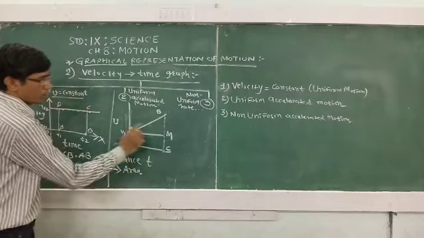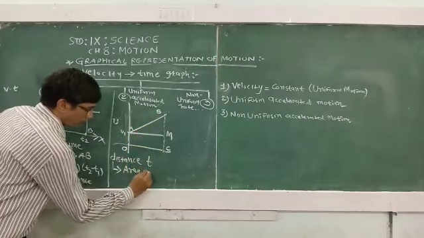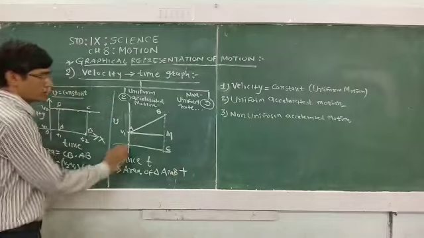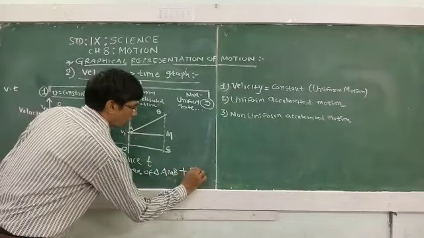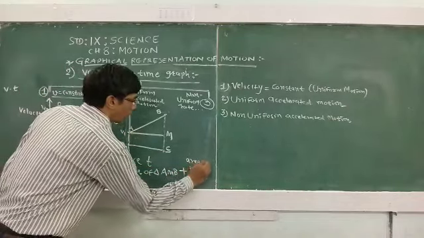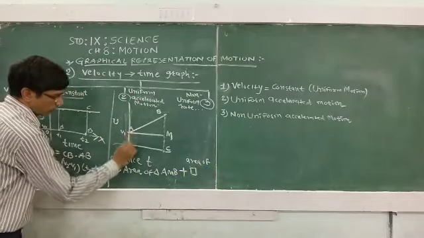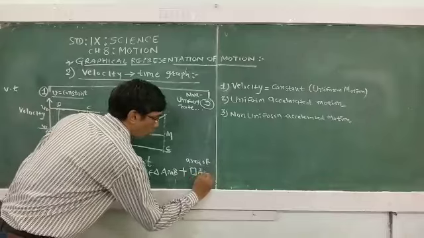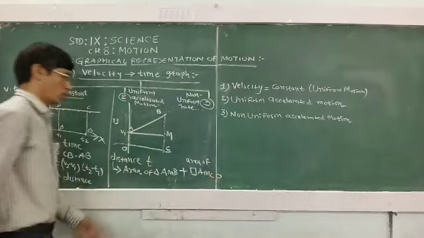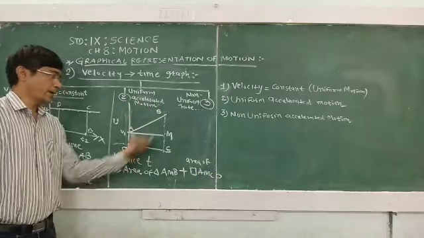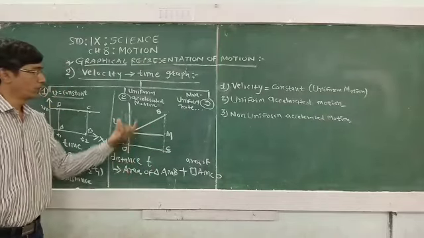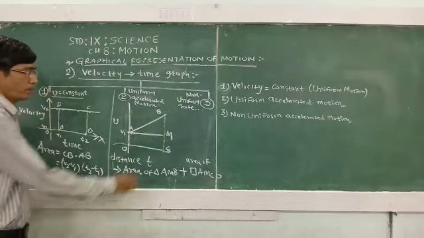So area of the triangle AMB plus area of rectangle AMCO. So the total area of this velocity versus time graph gives the distance in the uniform accelerated motion.